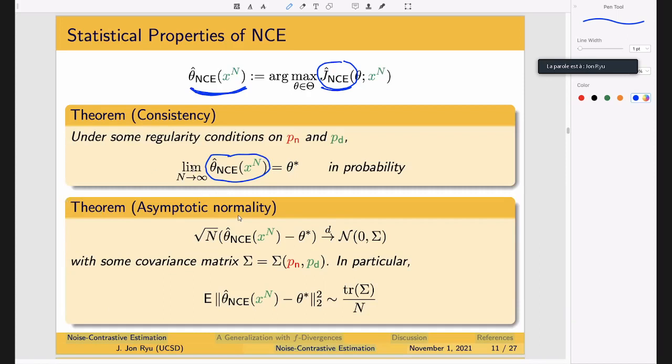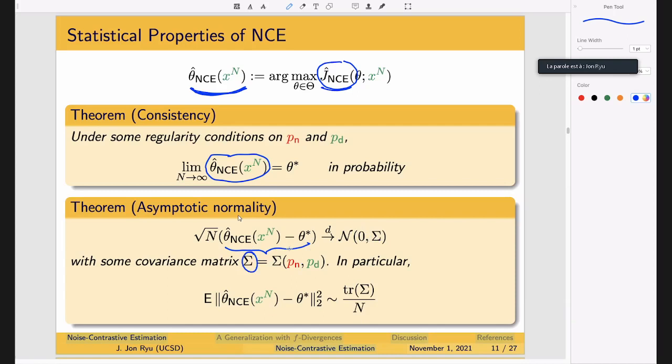And under the same conditions, we can further show that the scaled version of the error between the estimator and the desired parameter asymptotically follows a Gaussian distribution with some covariance matrix sigma, as a function of the noise distribution and the data generating distribution.